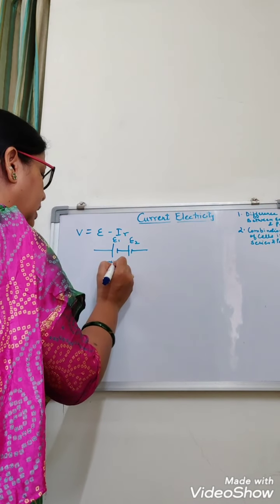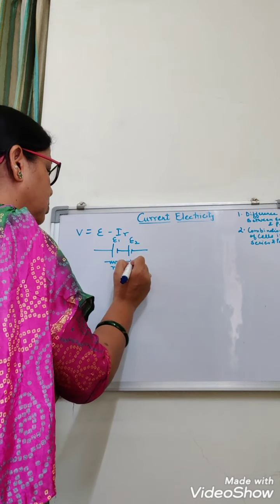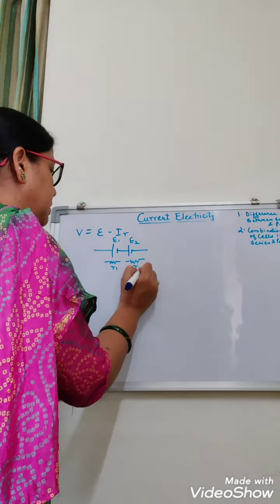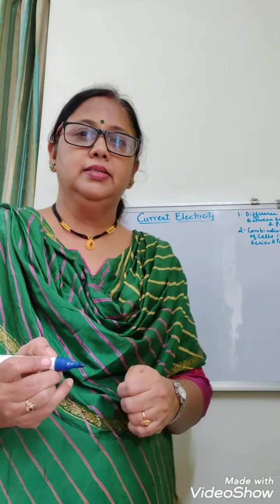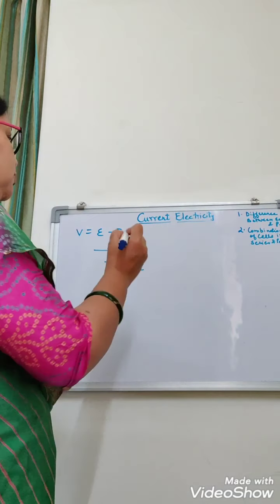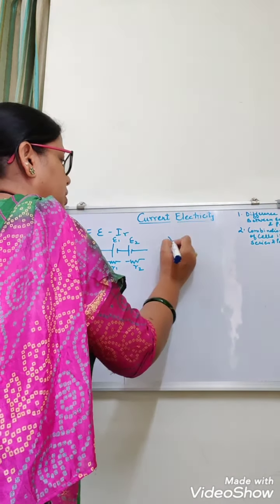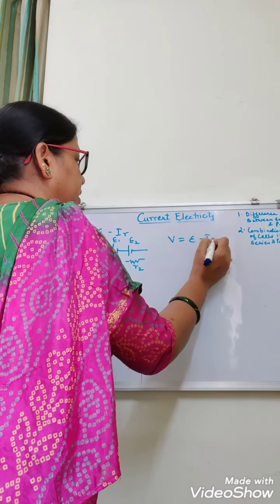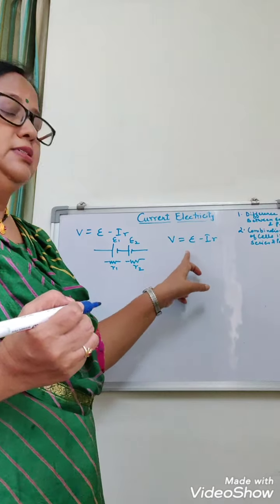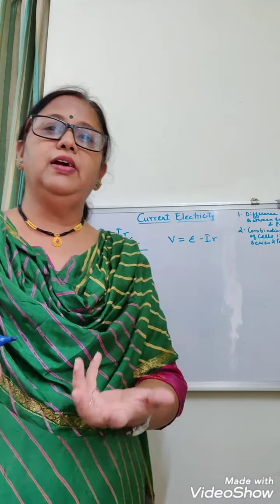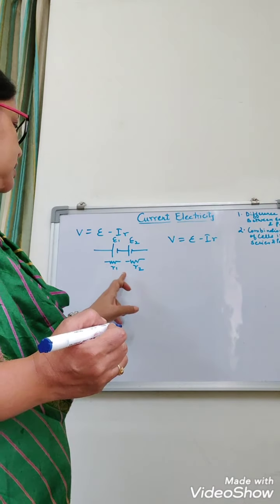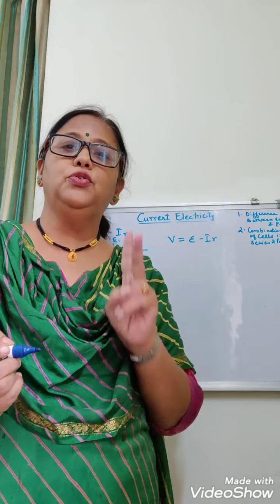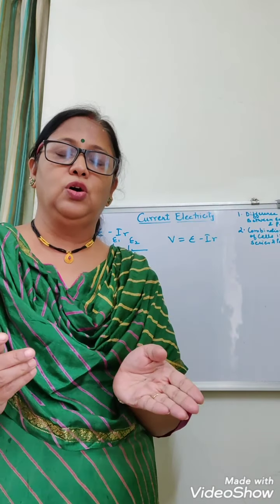Let small r1 and small r2 be their internal resistance. Now this formula is derived by you. We already have derived V is equal to E minus I into r. Using this, we will find out the equivalent EMF and equivalent resistance of two cells in series combination.